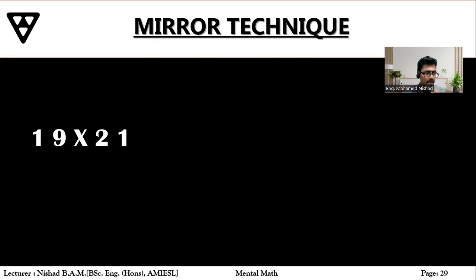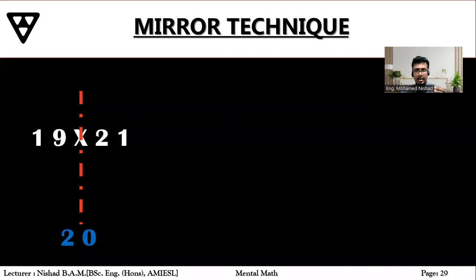And as you can see here, it's mirror to 20, because the center number can be 20. By subtracting 1, it will be 19. By adding 1, it will be 21. If the scenario is like this, then we can apply that mirror technique, right?